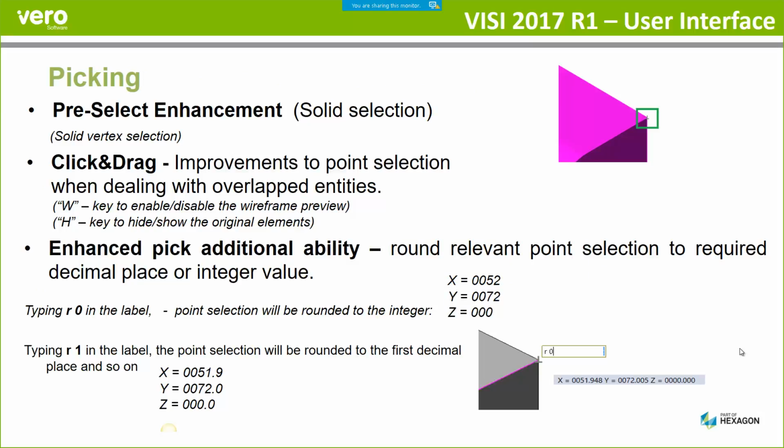Picking. Anyone who uses the pre-select environment, it's now possible to select solid geometry. Now this is particularly useful if you're using the click and drag option. Before, you could do this in the 2016, but you had to change the element filter to get the result to work.